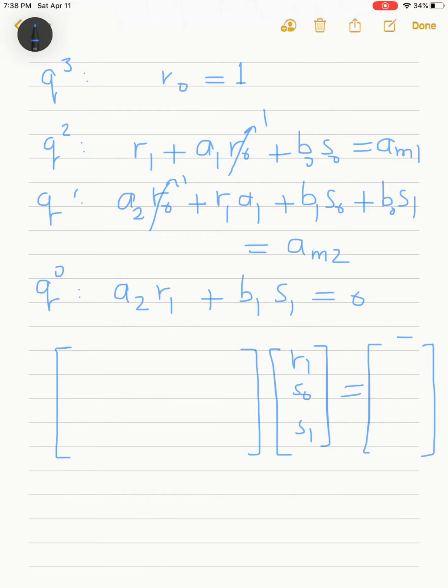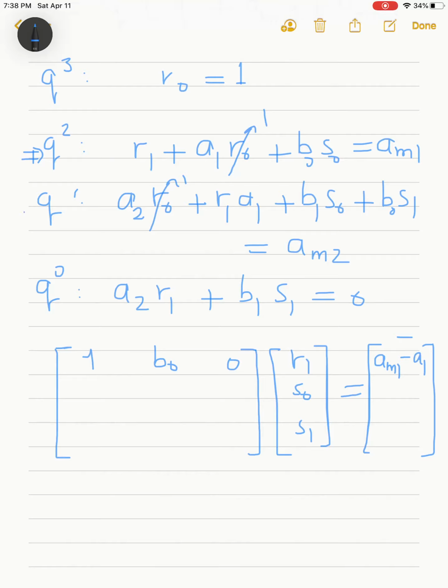The first equation, which comes from the coefficients of Q squared, will have here 1 times R1 and B node times S node and 0, and this is equal to AM1 minus A1.